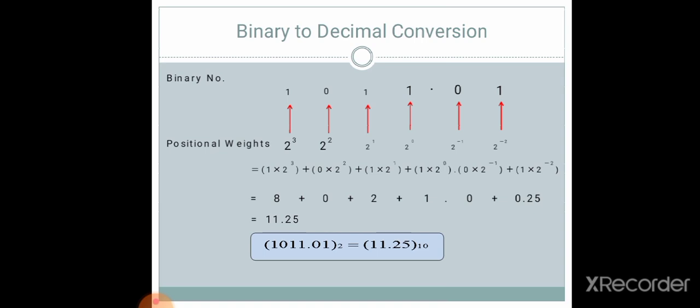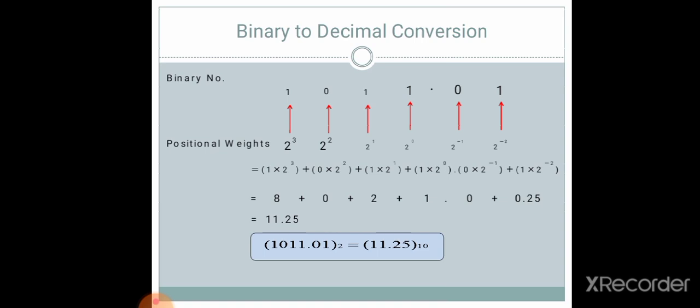Now we'll add all the bits by multiplying with their weights. We will take each bit, multiply each bit with its weight, and their multiplications will be added.